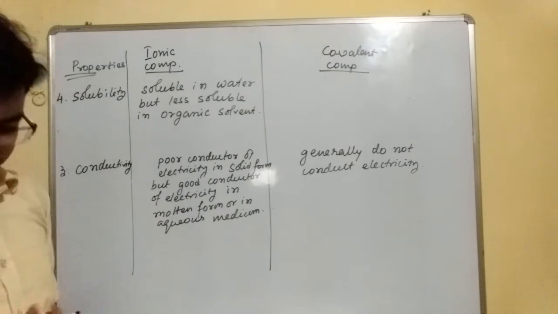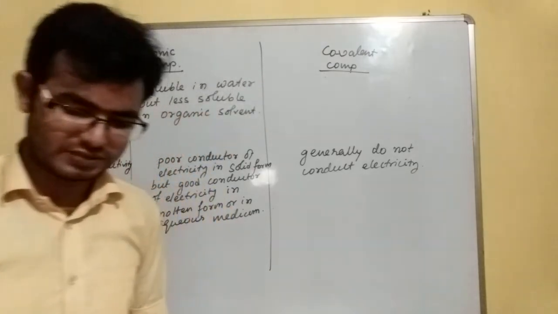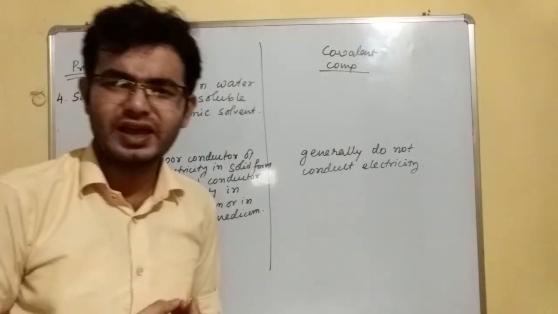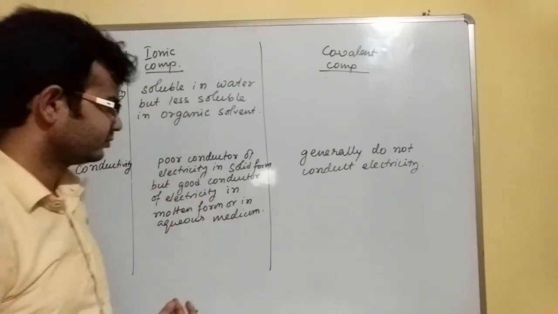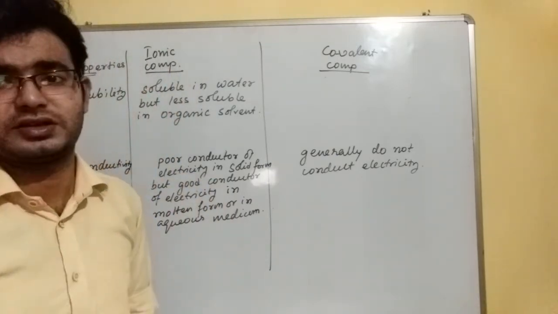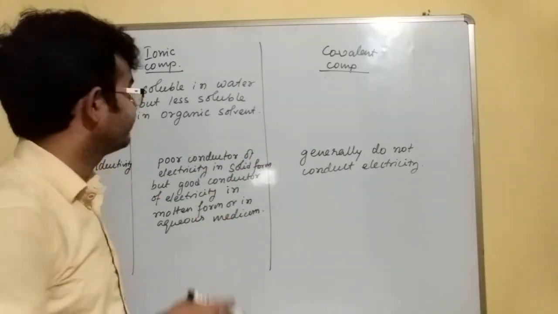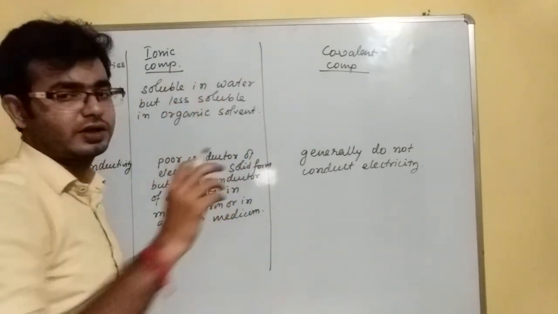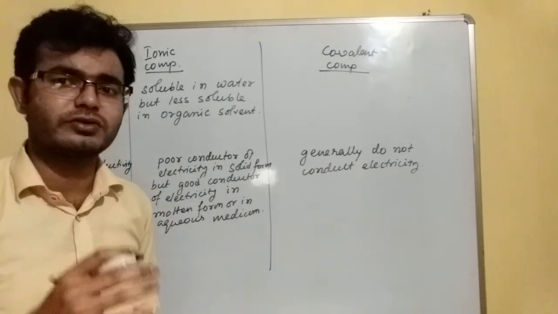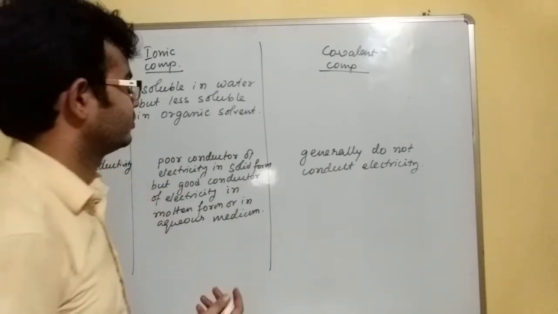Okay, less soluble in organic solvent, or you can say very less soluble. Sometimes it can be assumed as insoluble in organic solvent, right? Ionic compounds are soluble in water. Ionic compounds dissolve in water, but do not dissolve in organic solvent.